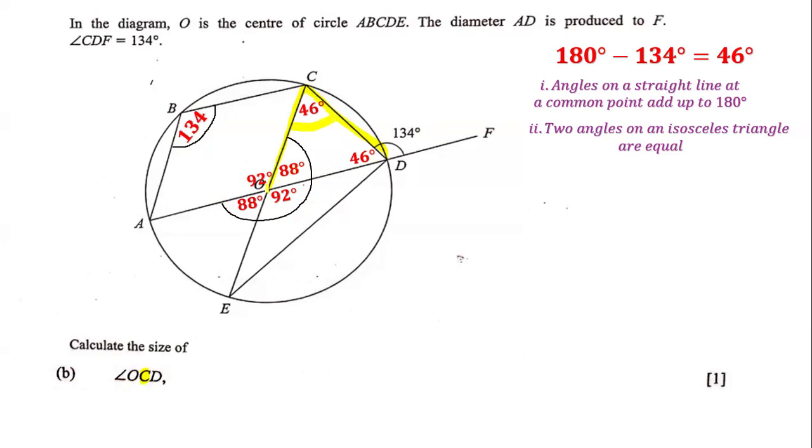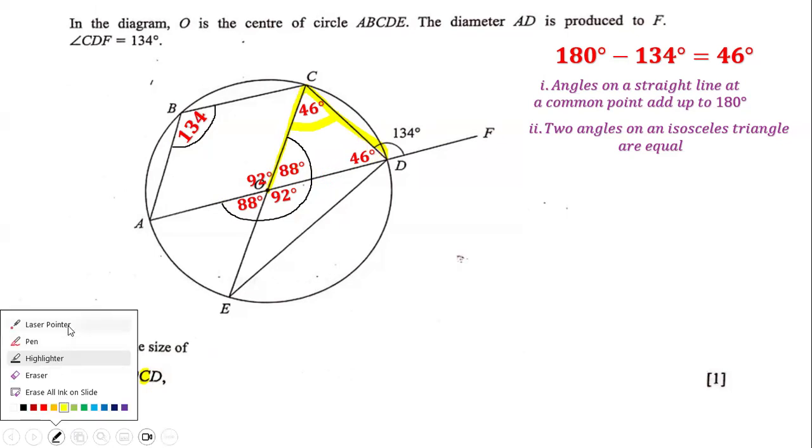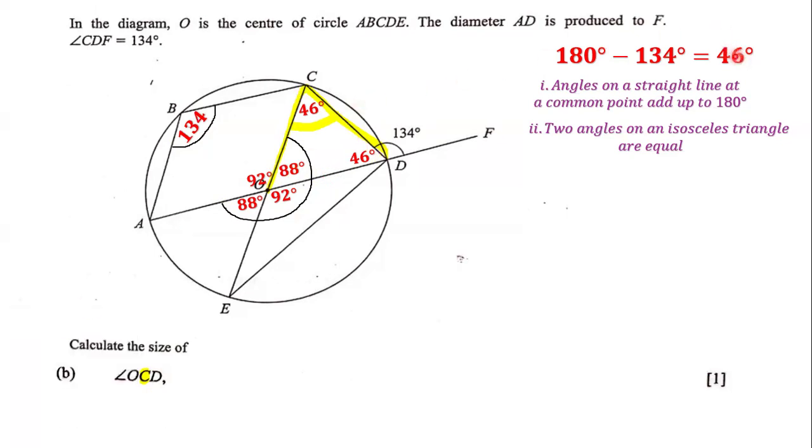The way we got angle OCD, we said that it's 46 degrees. The first thing we did was take 134 and subtract it from 180, and that gave us 46. Angles on a straight line at a common point add up to 180 degrees. So if this is 134, this must be 46.